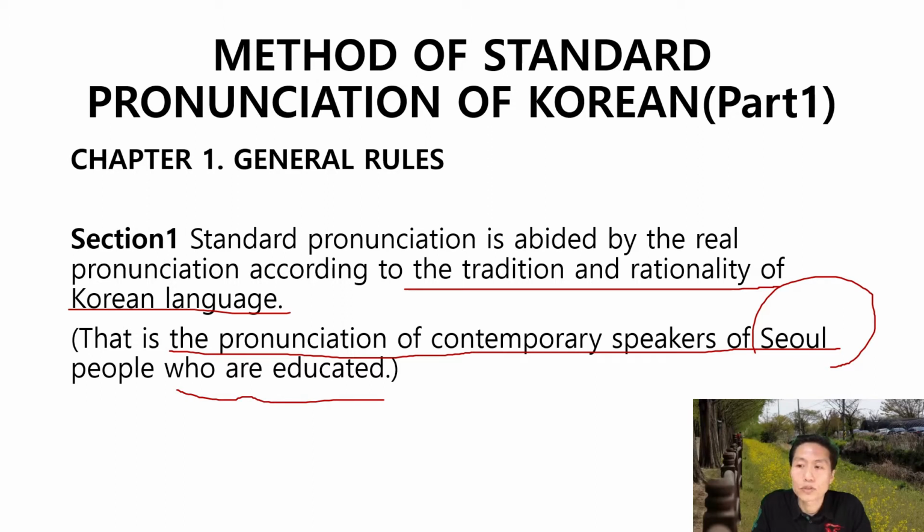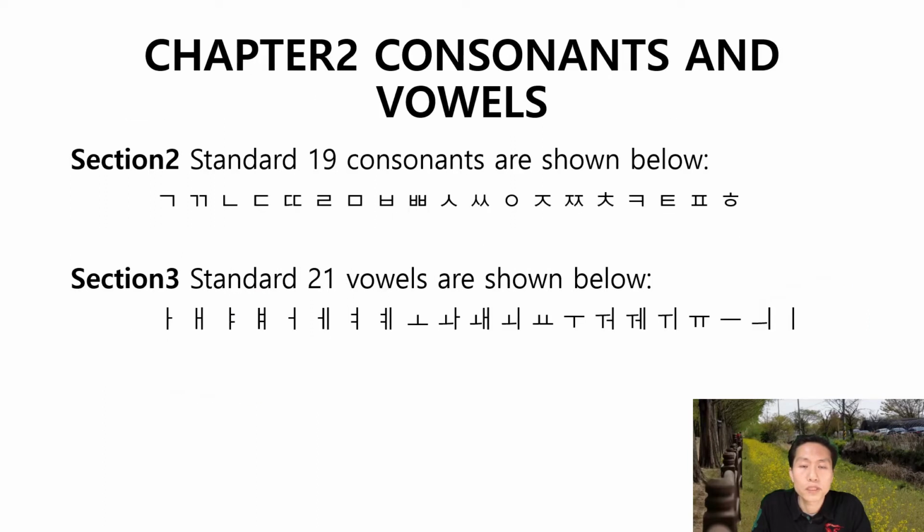Okay, now let's look at chapter 2, consonants and vowels. Section 2. Korean consonants are composed of 19 consonants. That is a standard. These are 19 consonants.